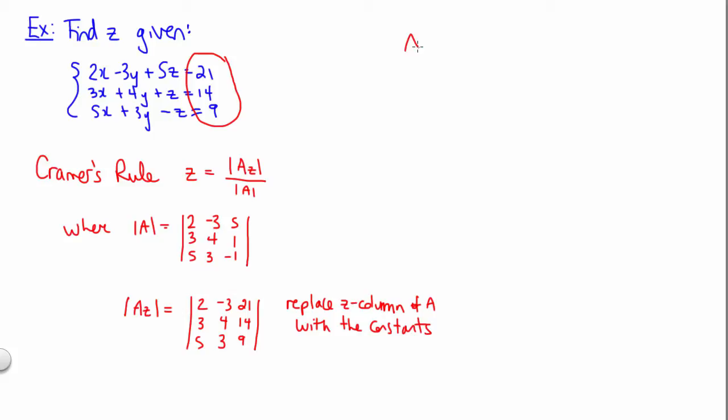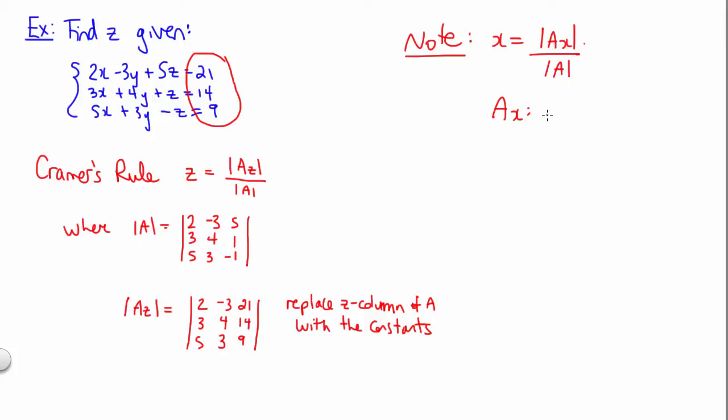As a side note here, if we had been asked to find, say, the value of x, then we could say x is equal to the determinant of Ax over the determinant of A. And to figure out how to define the matrix Ax, we can look back at what we did down here. To get Az, we replaced the z column of A with the constants.